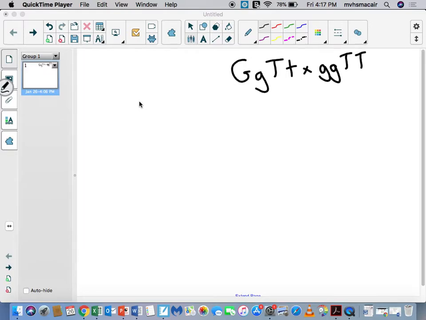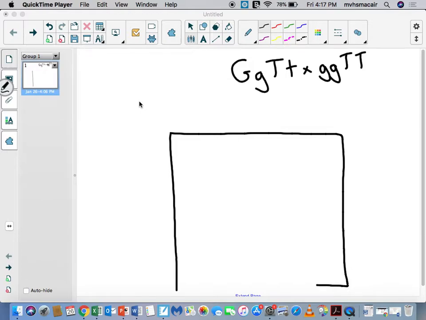All right, so we are going to do a dihybrid cross, which means we're going to have to use 16 squares, that big Punnett square. The FOIL method's been working for some of you. Some of you are just taking it one letter at a time, which is also fine.